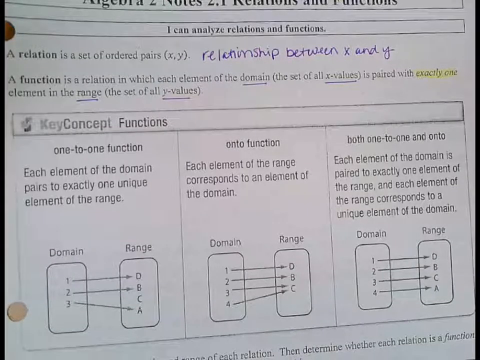The range is the set of all of the Y values. And then a function specifically is if each domain value, each X value, is paired with exactly one Y value. So that means you don't have one X value paired with multiple Y values. We are going to be looking at a lot of examples determining if they are functions, so we'll be talking more about that definition.